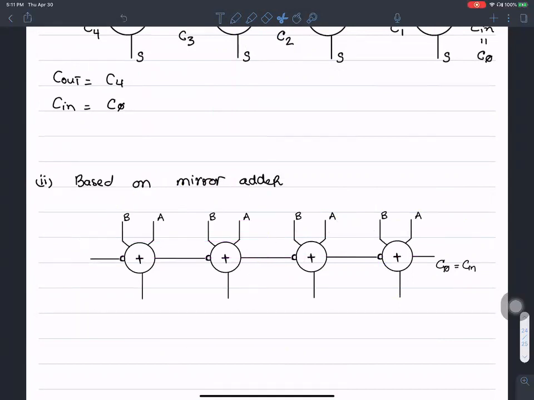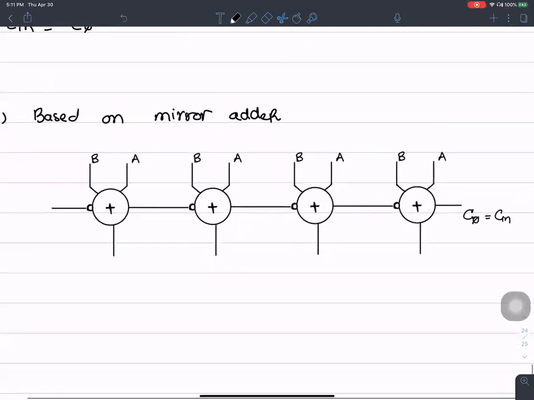The bits appear like so: A1, B1, A2, B2, A3, B3, and A4, B4. So this is sum 1 complement. To get sum 1, we have to pass it through an inverter. That gives us sum 1. This is C1 complement, the output of the mirror adder.